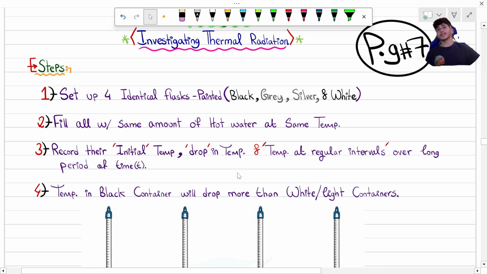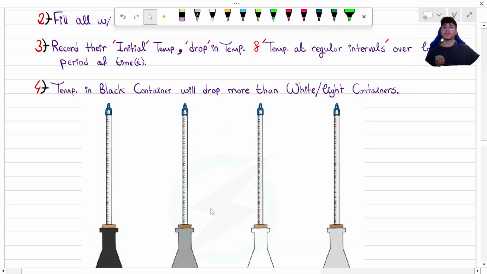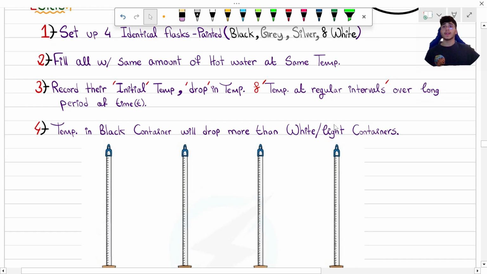Now, how do we investigate thermal radiation? We have 4 steps in this experiment. First, we have to set up 4 identical flasks painted black, gray, silver, and white. If you look at the diagram, we have 4 identical flasks. One is painted black, one gray, one silver, one white. Now fill all of them with the same amount of hot water at the same temperature.